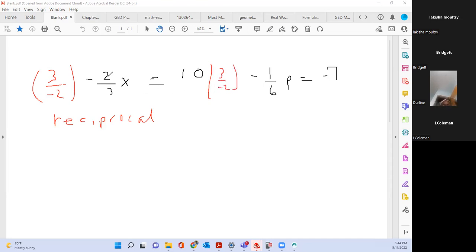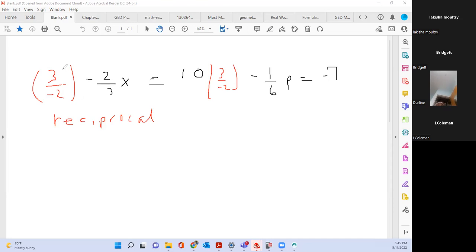So you're multiplying by -2 and then dividing by 3. What's the opposite of multiplying by -2? Dividing by -2. What's the opposite of dividing by 3? Multiplying by 3. So we multiply by the reciprocal. Now, what's also important is you must keep the sign, so I must have a negative also.